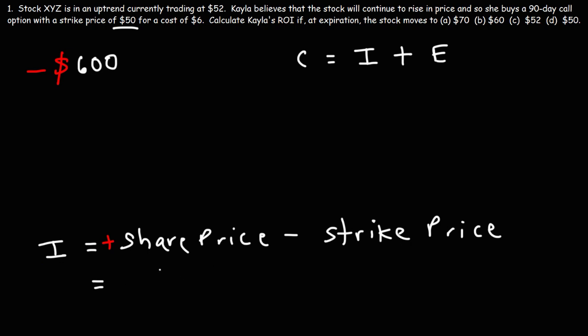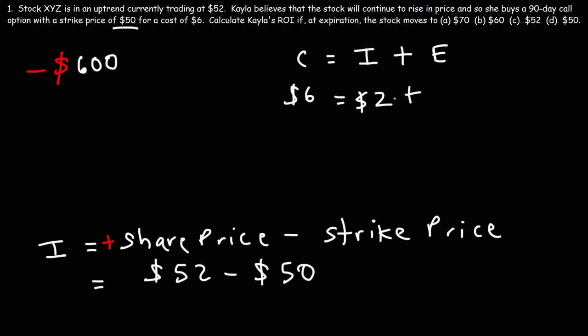So right now, the price of the stock is $52, and the strike price of the call option is $50. So that's not going to change. So the intrinsic value of the call option is $2. The total cost of the call option is $6. So therefore, the extrinsic value is $4.